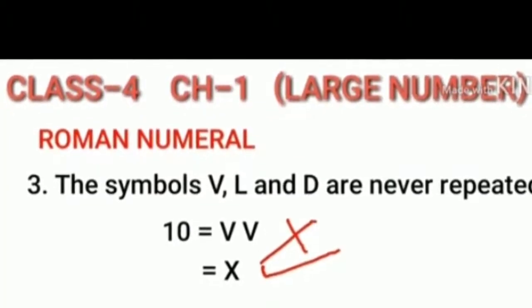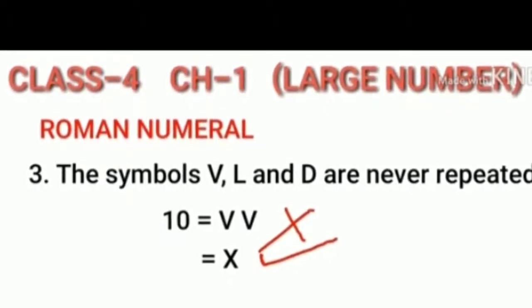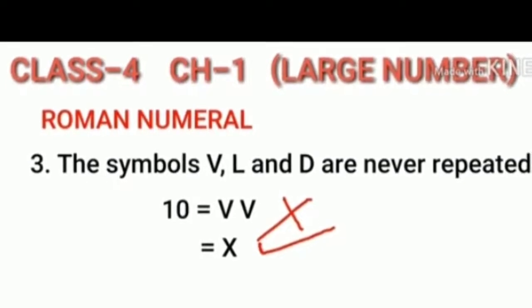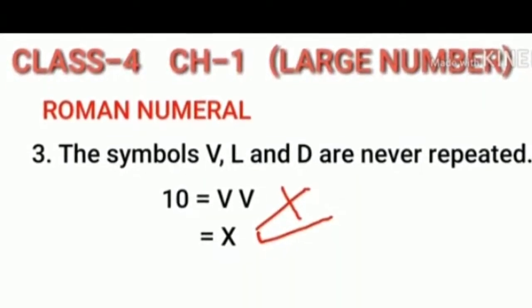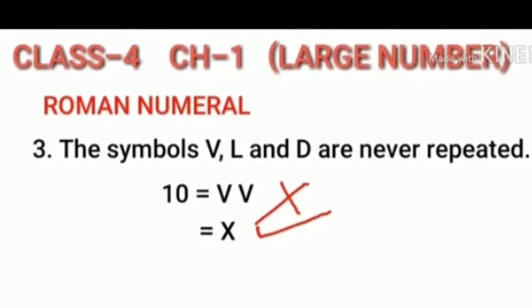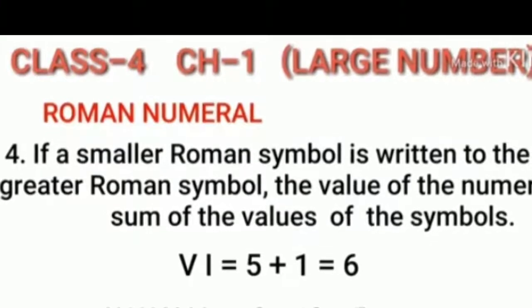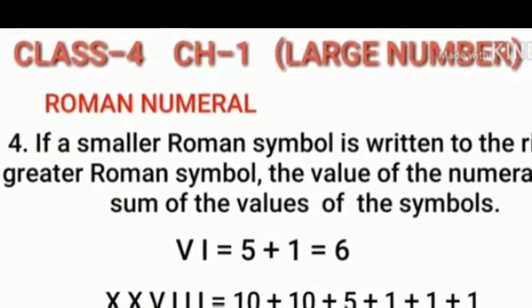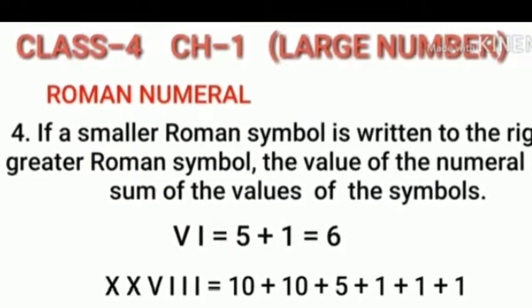The third rule is that the symbols V, L and D are never repeated. Repetition of the letters V, L, D is not allowed. So we cannot write 10 as VV, we write it as X. The next rule is, if a smaller Roman numeral is written to the right of a greater Roman numeral, the value of the number is the sum of the values of the symbols.